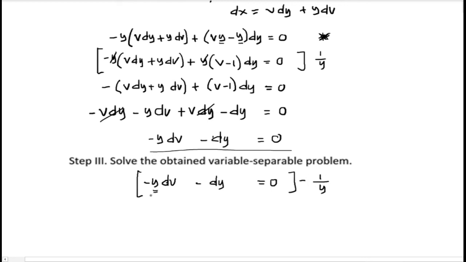So let's do the multiplication. Negative multiplied by negative is now positive. Then y is cancelled, so you have here dv. Then negative times negative is again positive. Then we have dy over y is equal to 0. Then we are going to integrate the terms in the equation.